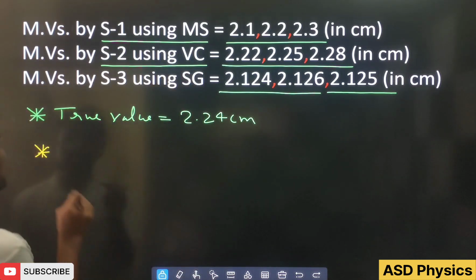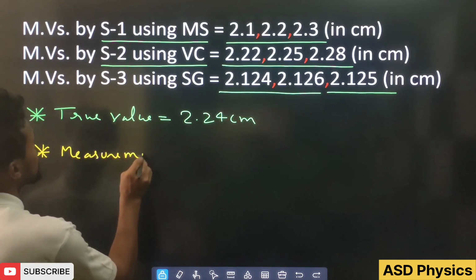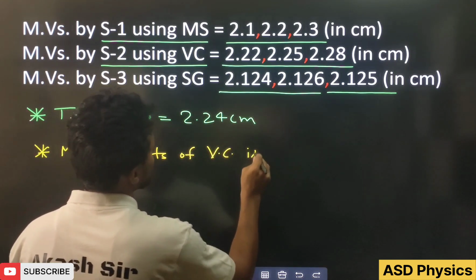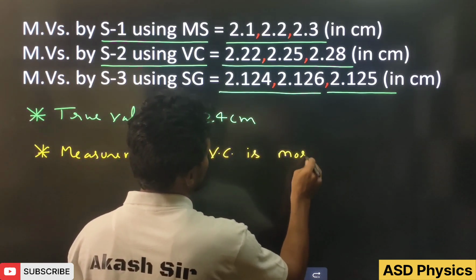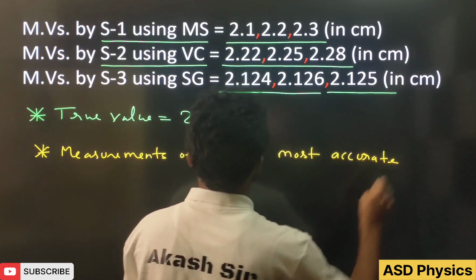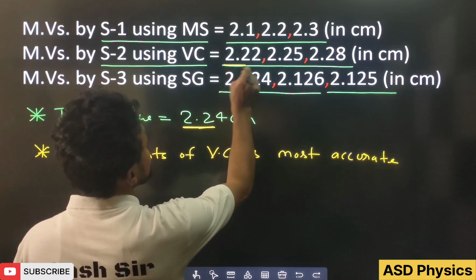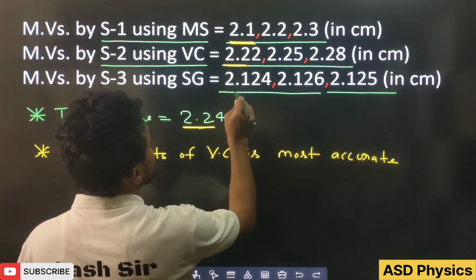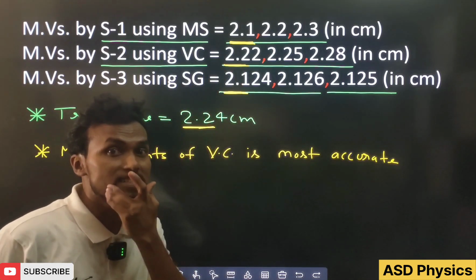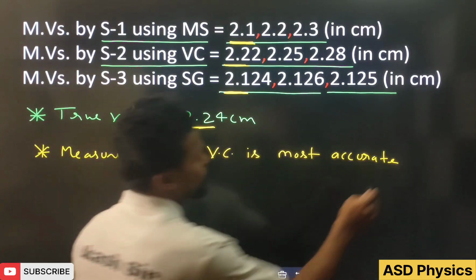That means measurements of vernier calipers is most accurate, because here even if you match the digits, this is the 2.2, but here only 2.1 and here also 2.1 is there. Okay, that means definitely we can see here the measured values of the vernier calipers is very close to the true value, so we can tell this is the most accurate.